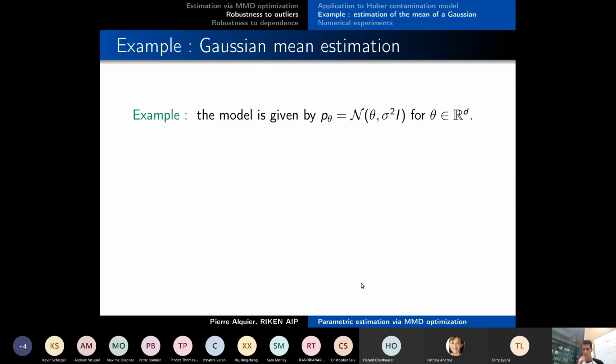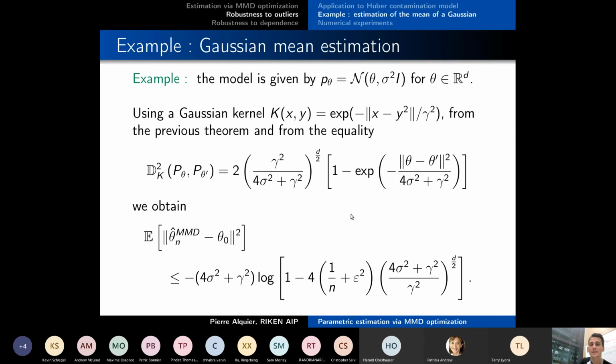As an example, I will consider a very simple model, the estimation of the mean of a Gaussian when the variance is known. Say that the variance is 1 if you want. We just want to estimate the mean. The formula is a bit heavy, but actually it's just Gaussian integrals that are quite easy to do.